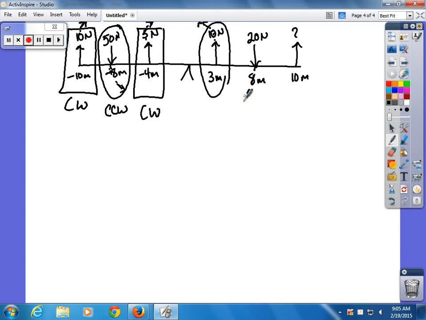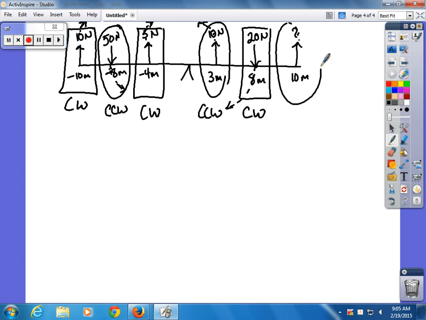What is this one? It's clockwise. And this one is... so now just put all your clockwise on one side.